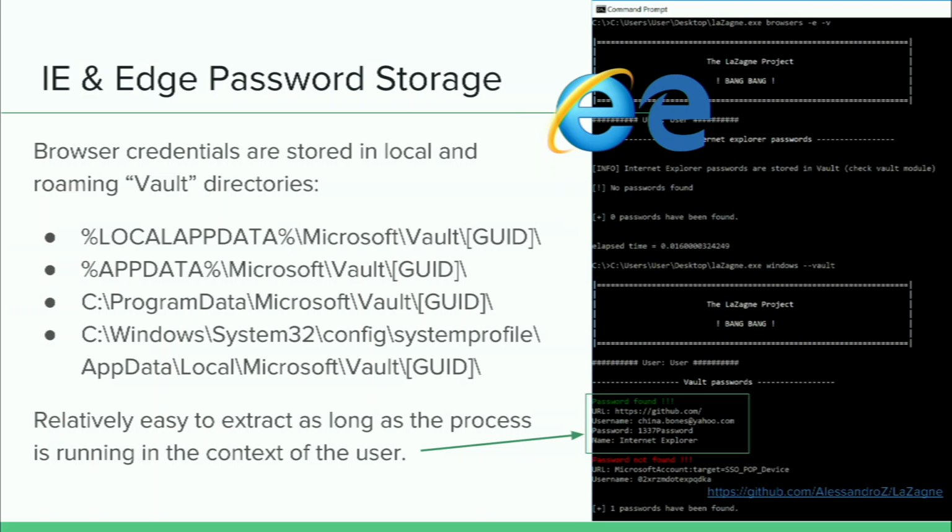But if you have access to the endpoint in the context of the user, or you have a process that is running in the context of the user, you're totally going to be able to pull these credentials. There is no prompting to ask for the user's password just to ensure that you are who you are, that this isn't a malicious process. So that is a fail, but not necessarily with Internet Explorer and Edge. We're going to pretend that Microsoft didn't design all of this. But that's a fault with the operating system and the way Vault is designed.